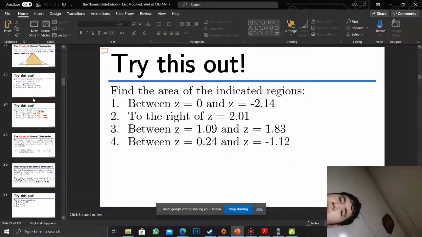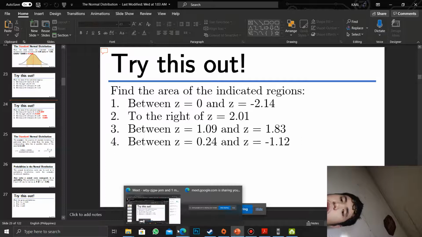Try mo ulit before I continue. Yan. There we go. Tama na yan. Sige, 1 minute para sa mga hindi pa nakakasagot.